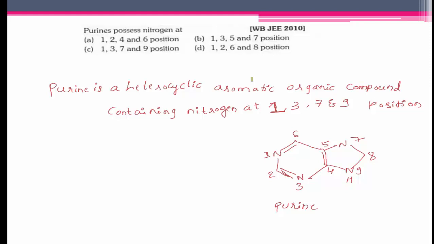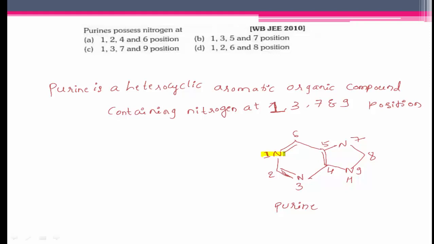Purines possess nitrogen at which positions: 1, 2, 4 and 6; 1, 3, 5 and 7; 1, 3, 7 and 9; or 1, 2, 6 and 8? What is this purine? Purine is a heterocyclic nitrogen base. It is an aromatic organic compound containing nitrogen. That is why the nitrogenous base is at 1, 3, 7 and 9.